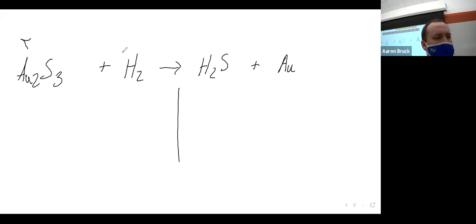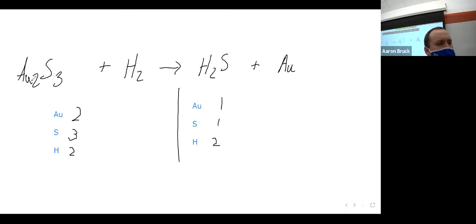Okay, so on one side, we've got our gold, we got our sulfur, we got our hydrogen. The other side, we've got the same thing, gold, sulfur, hydrogen. We have 2 golds over here, 3 sulfurs, 2 hydrogens. On this side, we have the 1 gold, the 1 sulfur, and the 2 hydrogens.